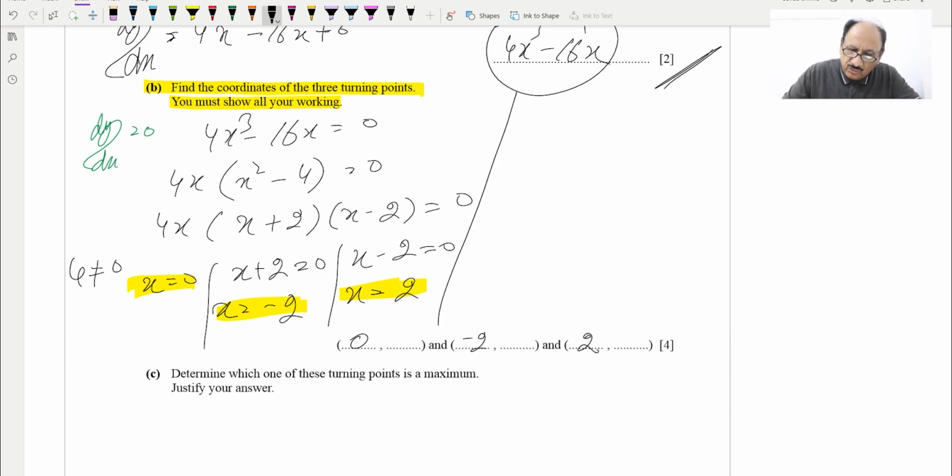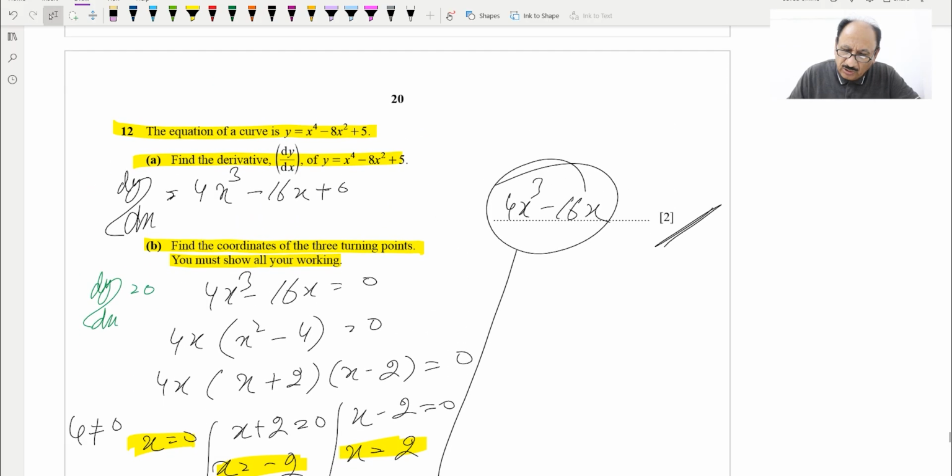Now we need the values for y also, and we have the equation, this one. y is equal to x to the power 4 minus 8x square plus 5, and we will substitute those values in this.